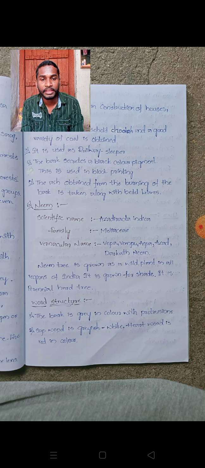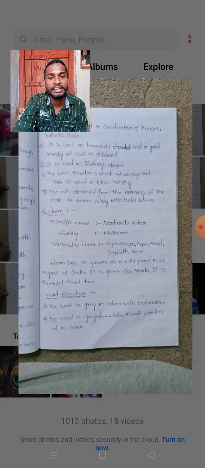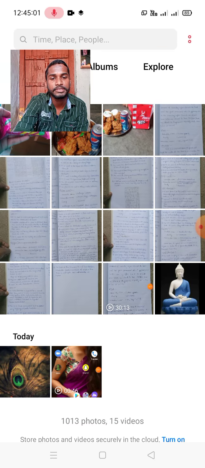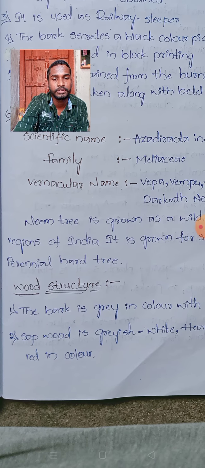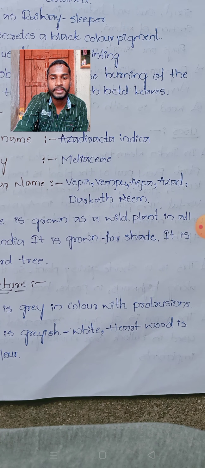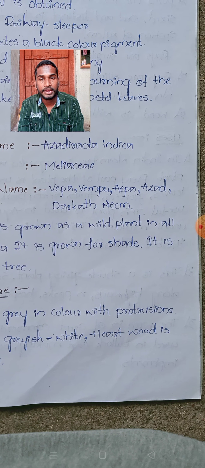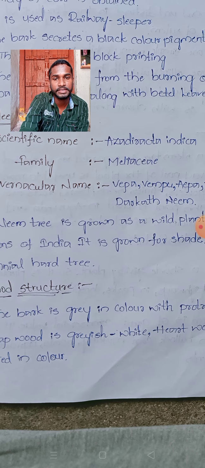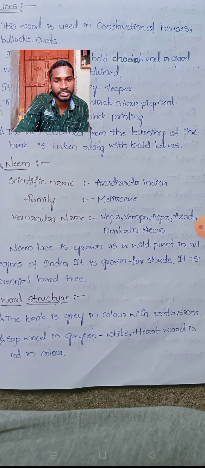Family is Meliaceae. Vernacular names are Vepa, Vempi, Vimpa, and some others.